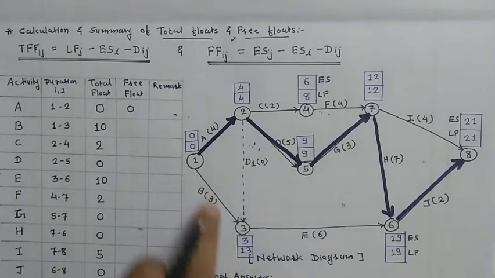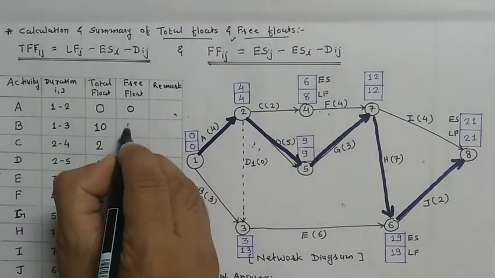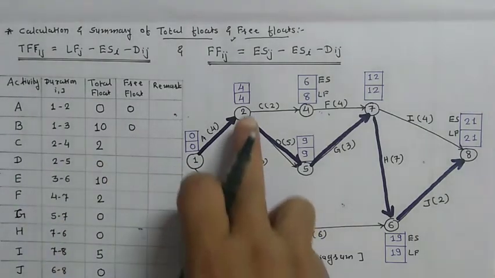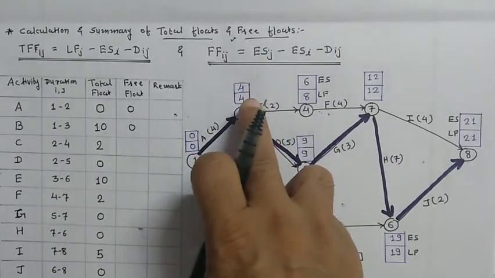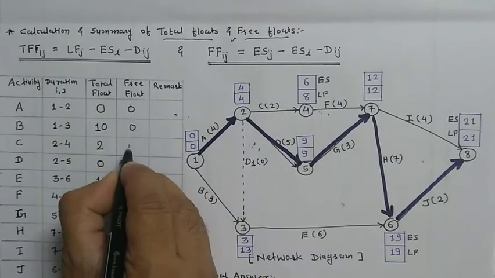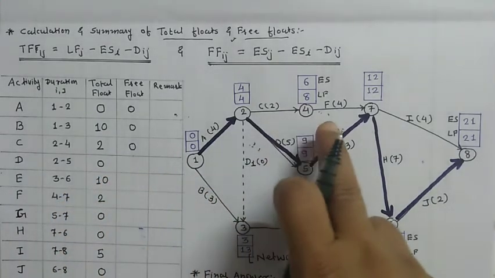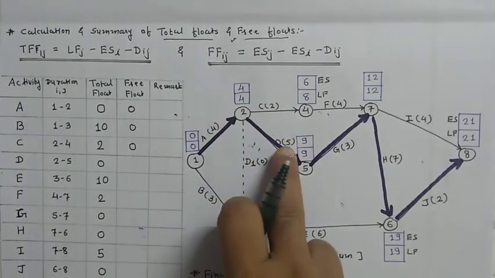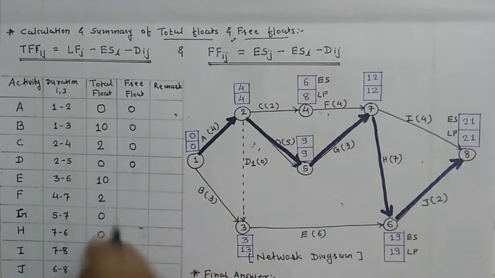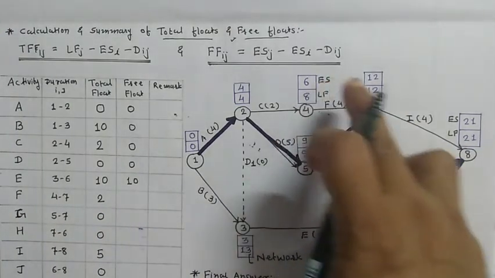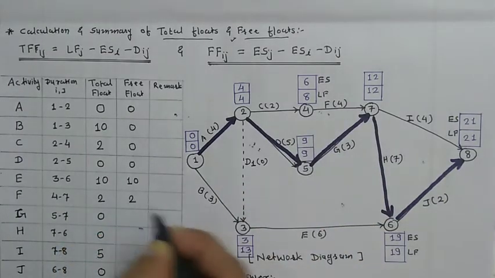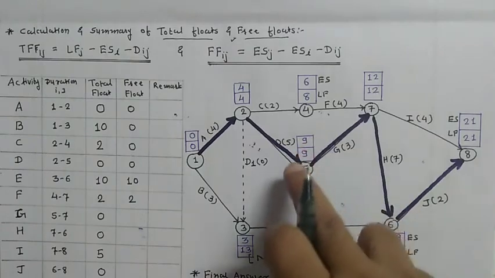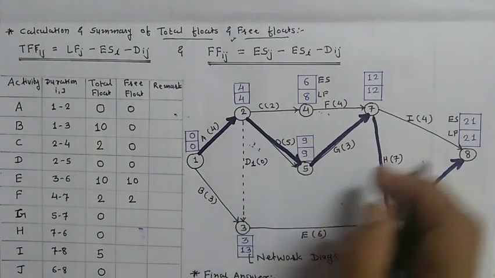For 1 to 3, 3 minus 0 minus 3, 0. 2 to 4, 6 minus 4 minus 2 is equal to 0. 2 to 5, 9 minus 4 minus 5 is equal to 0. 3 to 6, 19 minus 3, 16 minus 6 is equal to 10. 4 to 7, 12 minus 6 minus 4 is equal to 2. 5 to 7, 12 minus 9 minus 3 is equal to 0.